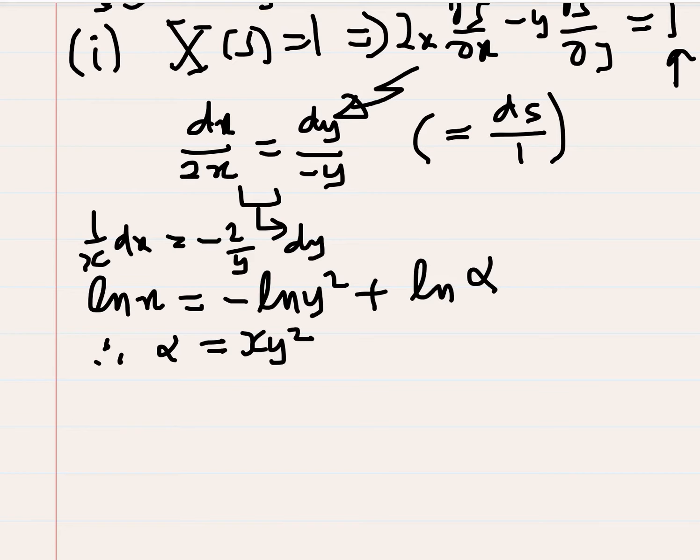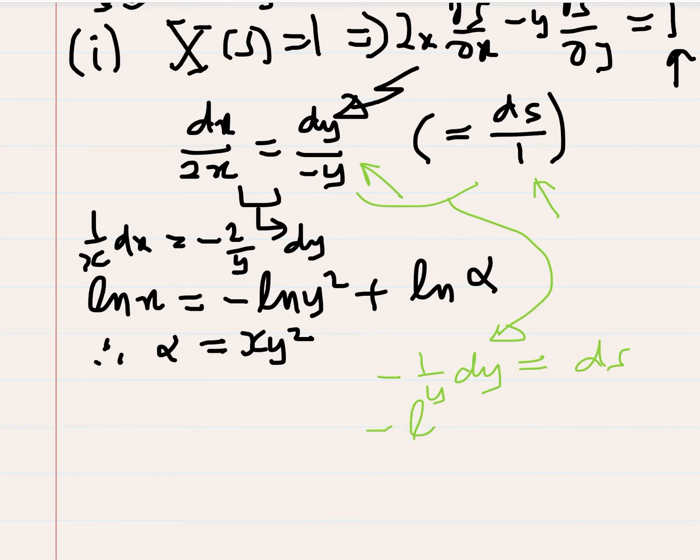To find the dependent invariant, we will have to pair off ds over 1 with one of these. So perhaps we'll choose that one. Taking this pair to solve for the dependent invariant, you get minus 1 over y dy equals ds.